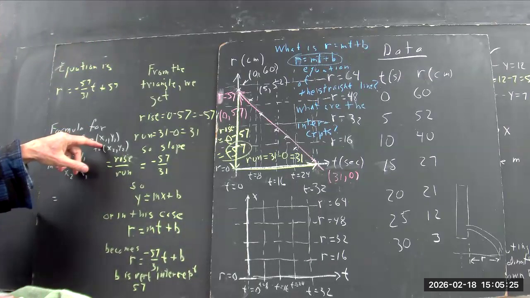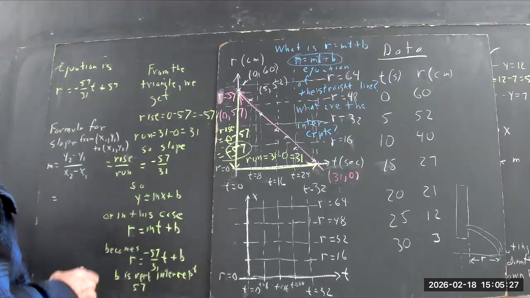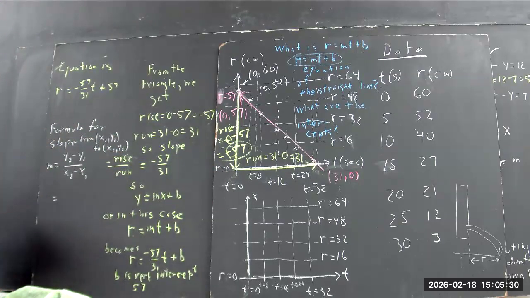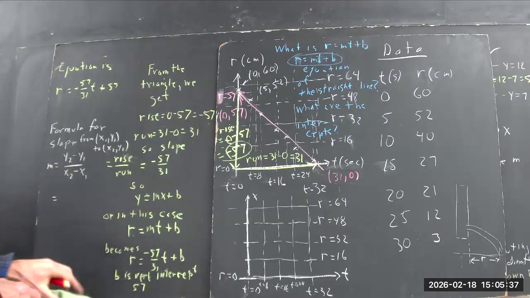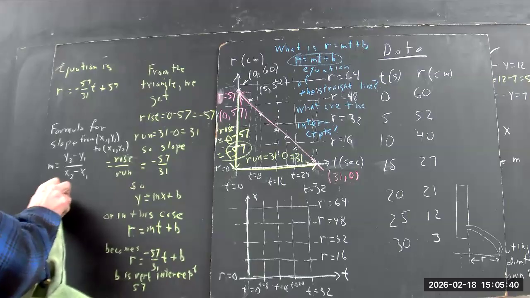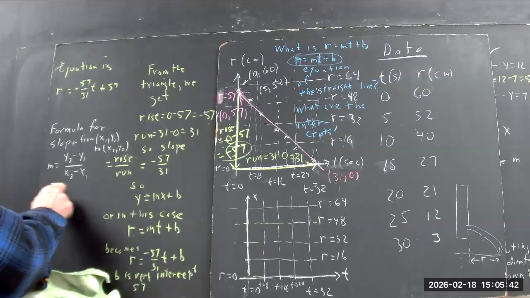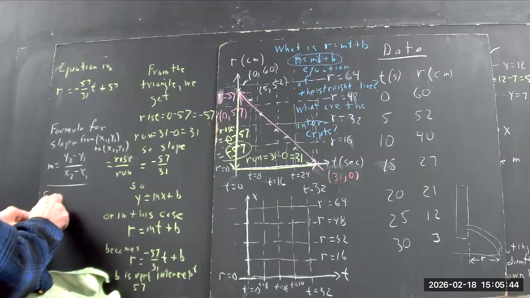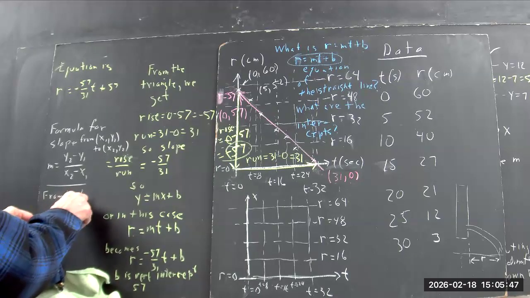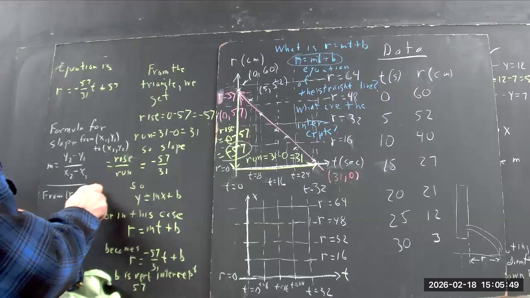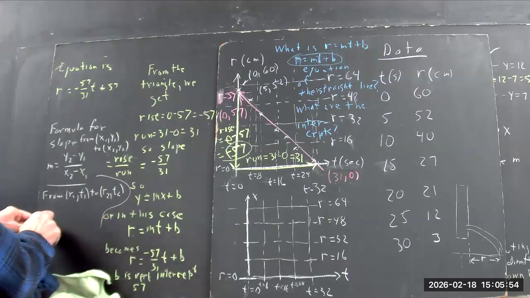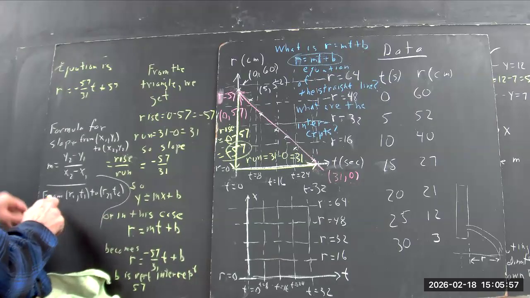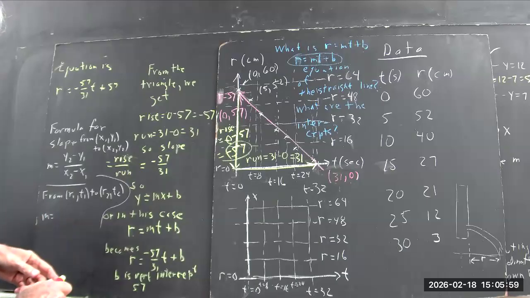Actually, this would be from x1, y1 to x2, y2. In this case, it would be from r1, t1 to r2, t2. So let's make that translation. Slope is rise over run.